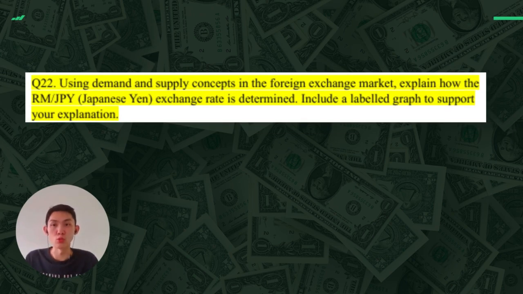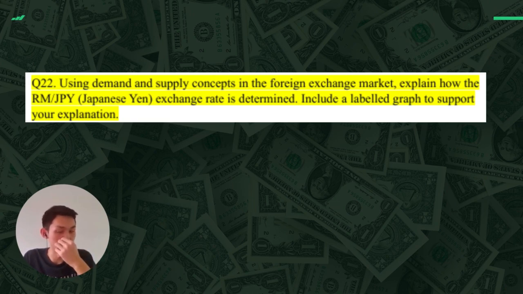So question 22 is talking about the concept of demand and supply in the exchange rate market. The RM over JPY exchange rate is determined by the interaction of the demand for and the supply of JPY in the foreign exchange market.